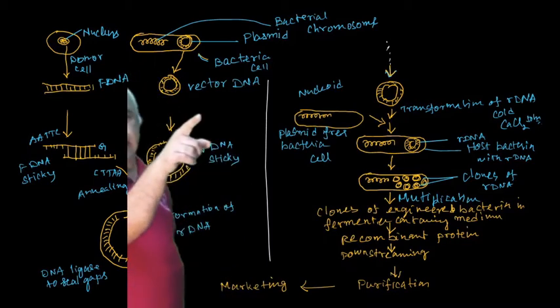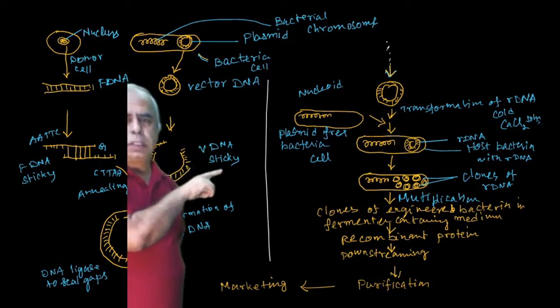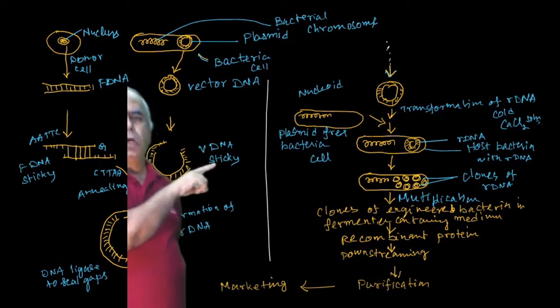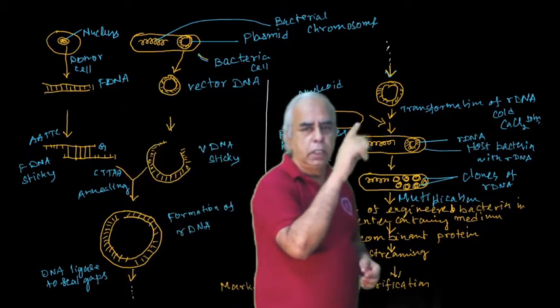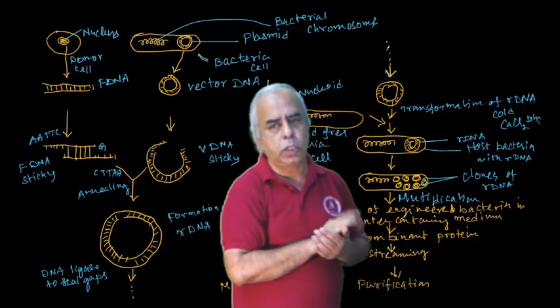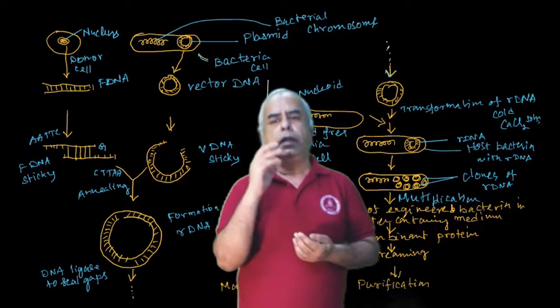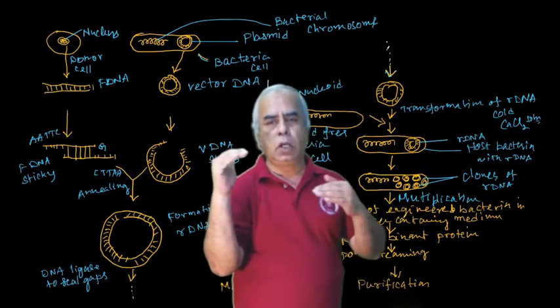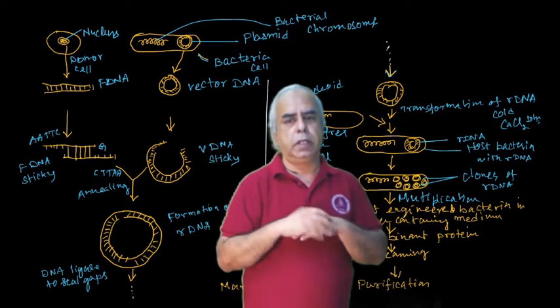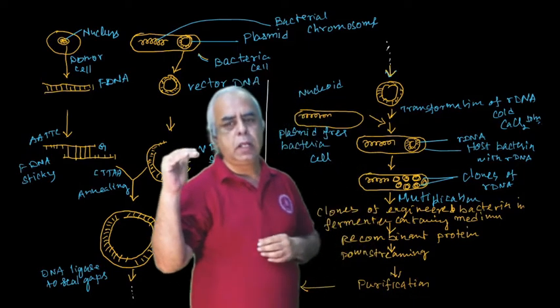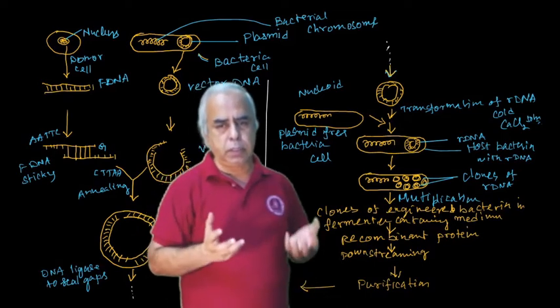Now after that we get the transformation of rDNA, and what is the chemical used for that? The chemical used for this is calcium chloride solution, don't forget that. And then the host bacteria with this recombinant DNA are available here, and the clones are produced by multiplication.